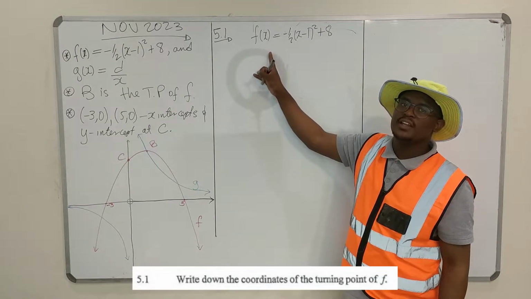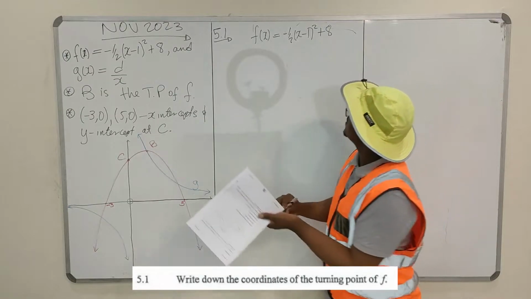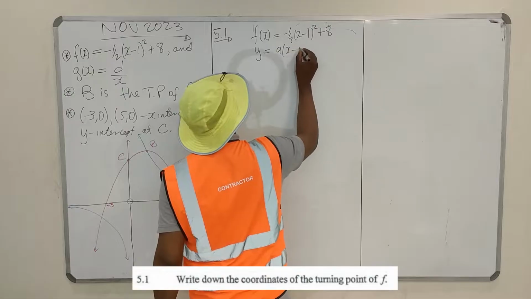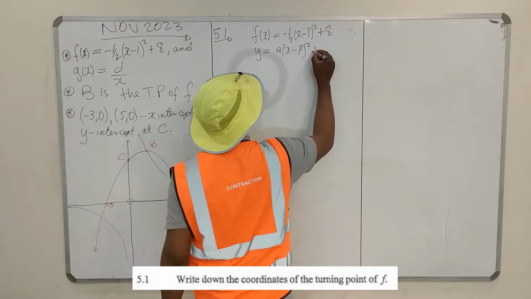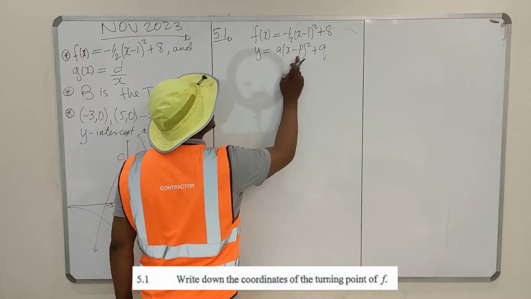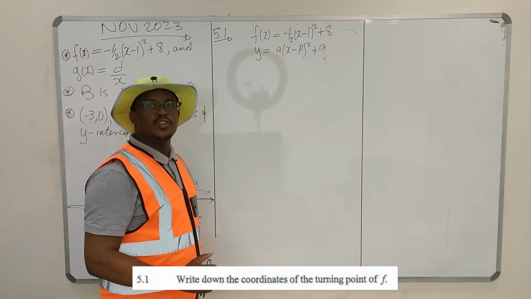So when you are given the equation of a parabola in this form, y is equal to a(x - p)² + q, this p and q are the coordinates of your turning point.